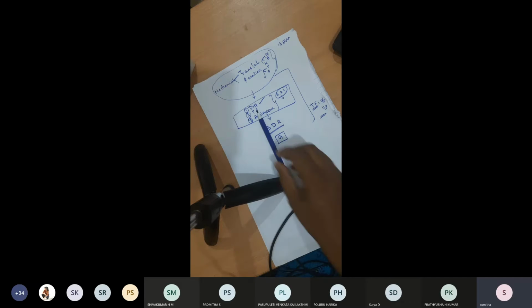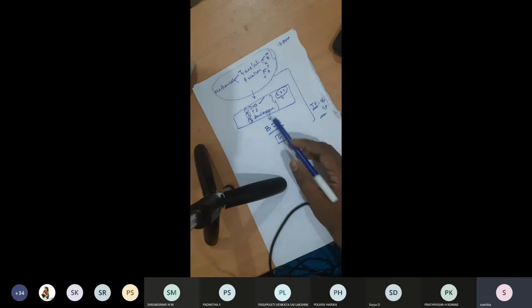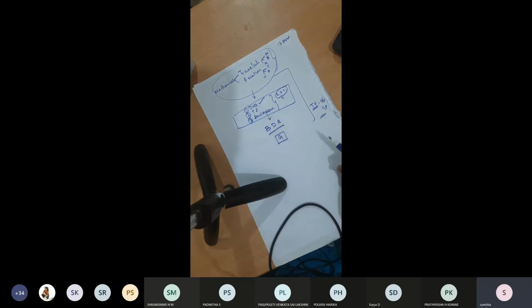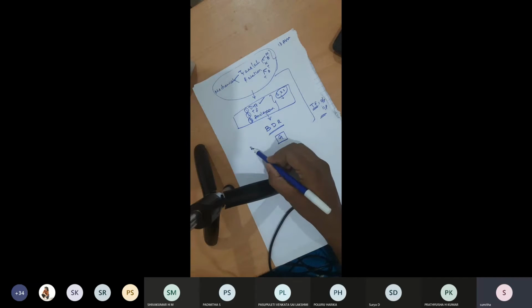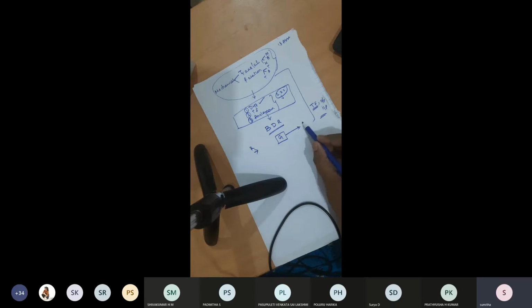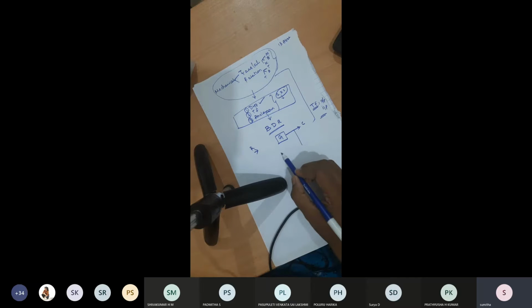Then we started using this technique called block diagram reduction in order to find the transfer function. We have given an input and we want an output. In control systems we usually work with a closed loop system, so that the output we are getting is the desired one.